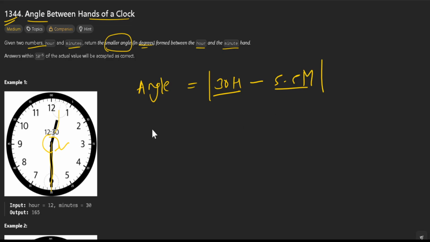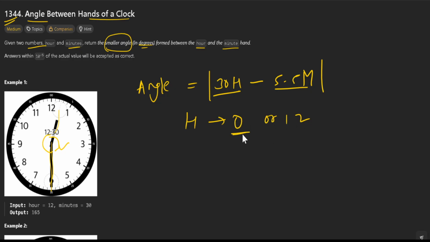So you apply this formula, and definitely you are able to solve this problem, where h represents the hours. This is a 12-hour clock, not 24, so we will use h as either 0 or 12.